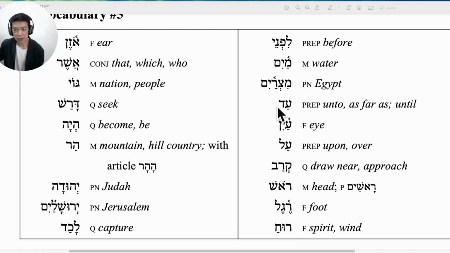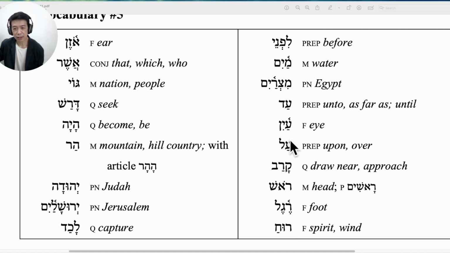The next word means unto, as far as, or until. It's pronounced as ad. The next word is eye. It's pronounced as ayin.